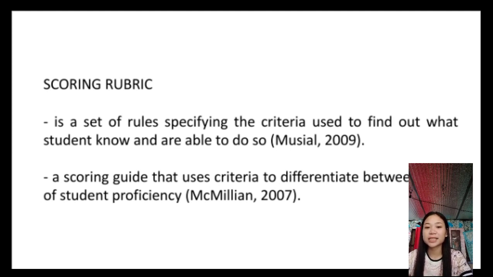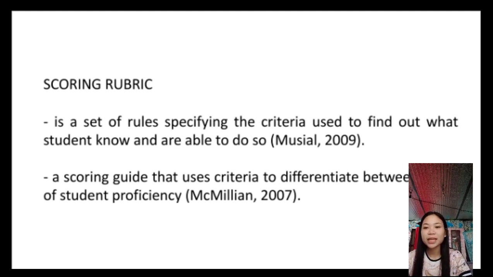It assists educators in assigning scores or ratings that reflect the degree to which students meet the established criteria. By using specific criteria, a rubric enables teachers to provide feedback that is detailed and specific, allowing students to understand their strengths and areas for improvement.